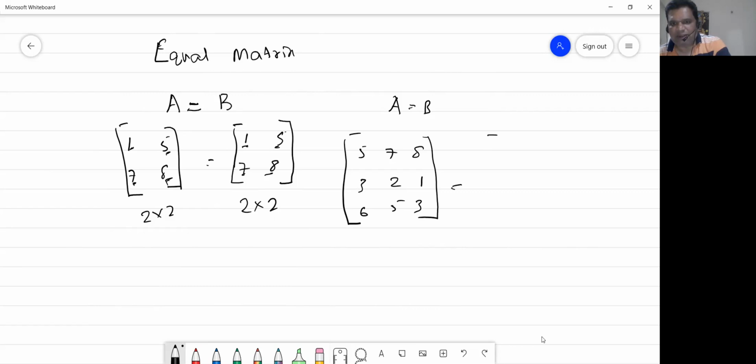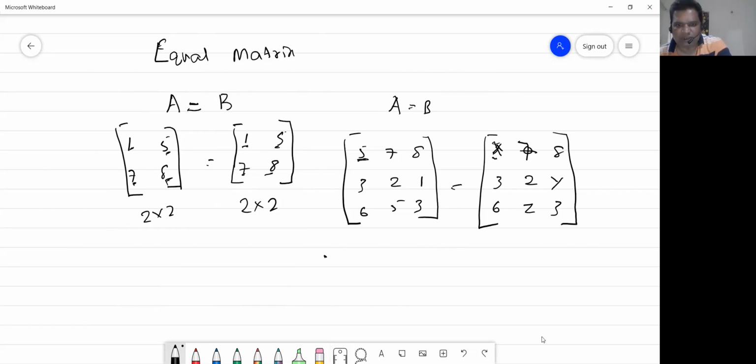Another matrix I'll write as X, 7, 8, 3, 2, Y, 6, Z, 3. Now, when you say these two matrices are equal, the first element here is 5 and there it is X, so X should be equal to 5.